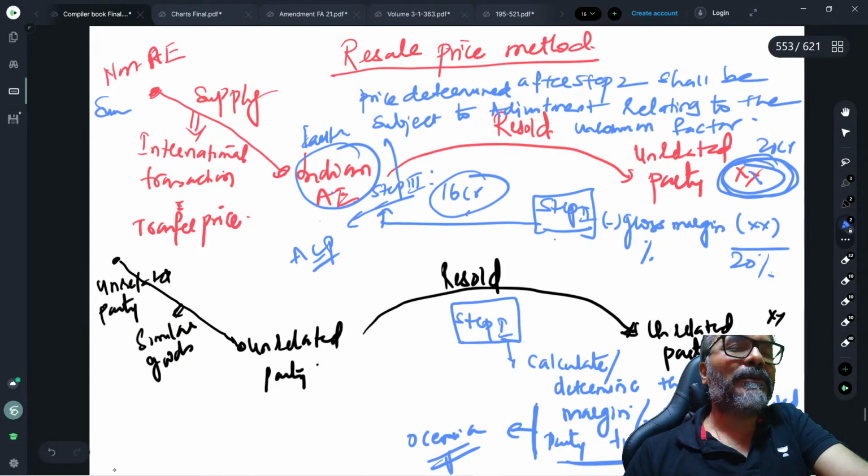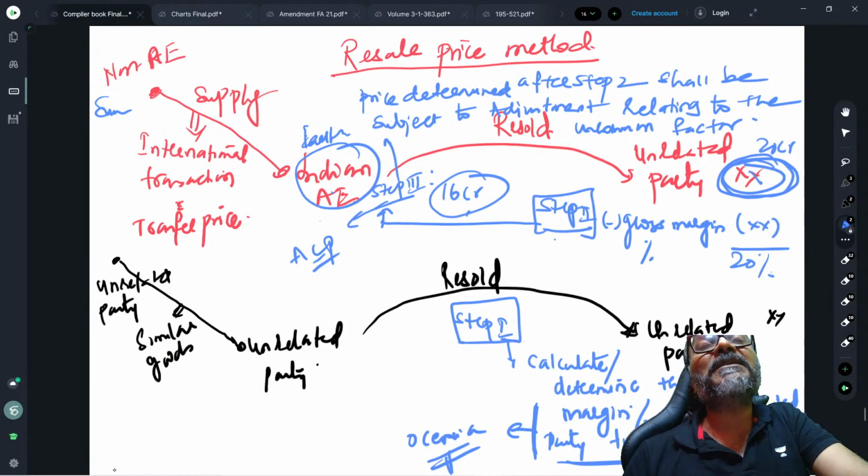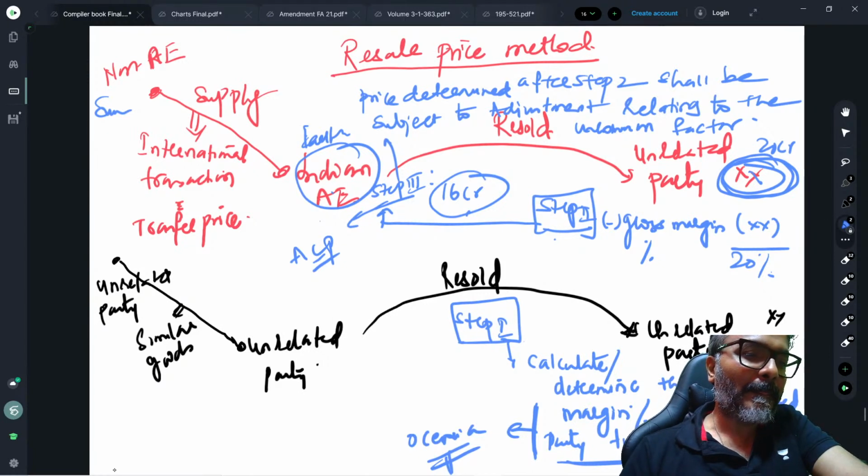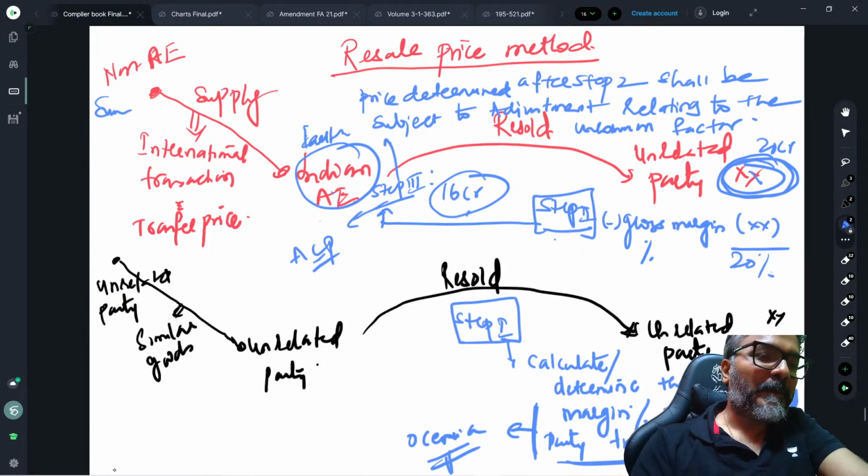So 16 crores is the price without adjustment of the uncommon factor. After that, we will do the adjustment of the uncommon factor, and the resultant price should align with the factors in the international transaction, and that is what would be my ALP.